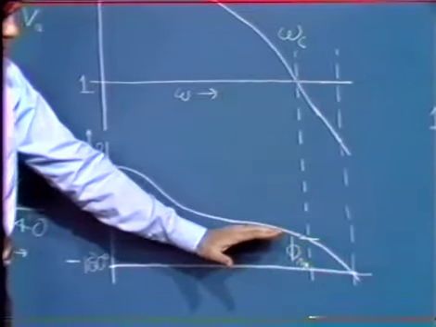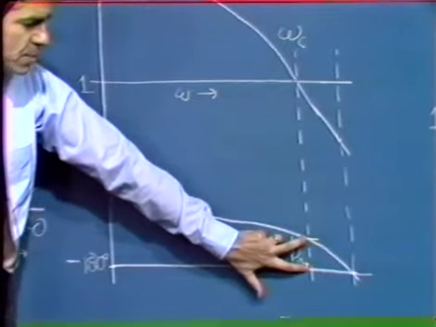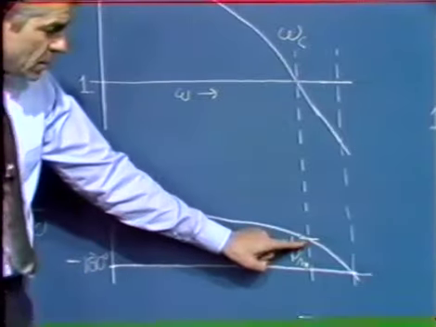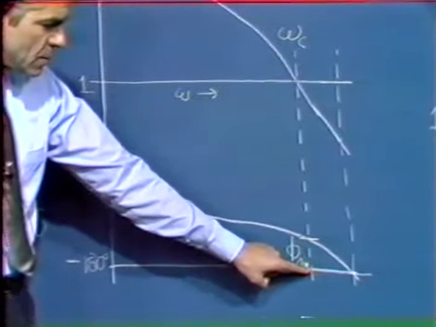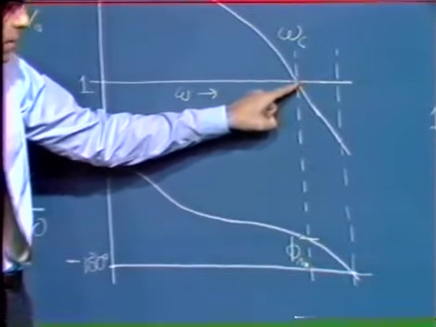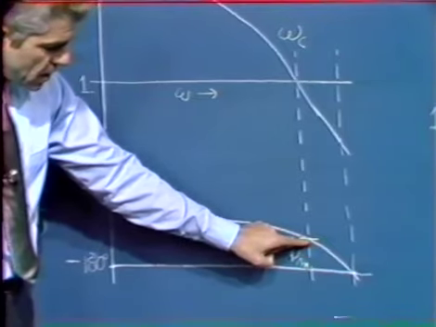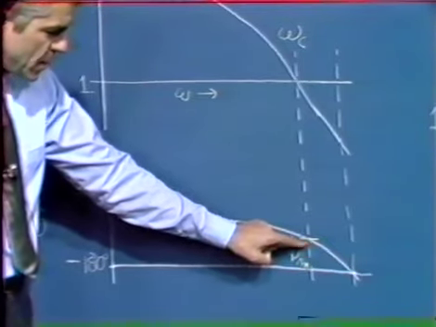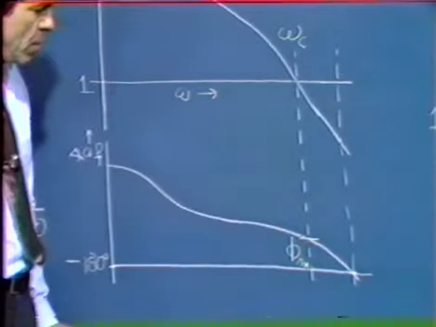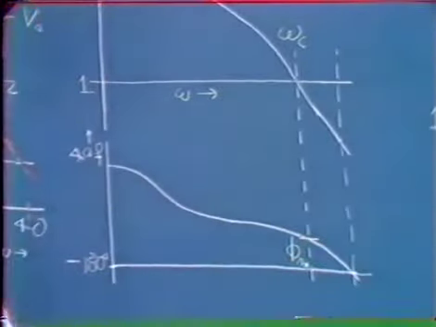If we could somehow reach in and add negative phase shift to the system, if we added this much negative phase shift to the system, the angle of AF would be minus 180 degrees at the frequency where its magnitude is 1, and that would give us a minus 1, or a closed loop pole on the imaginary axis. The system would be unstable.